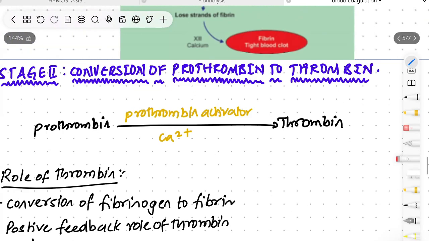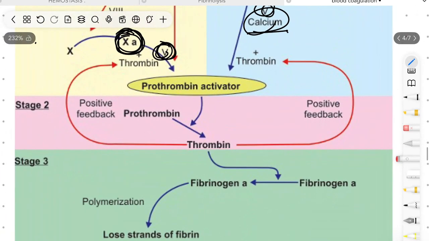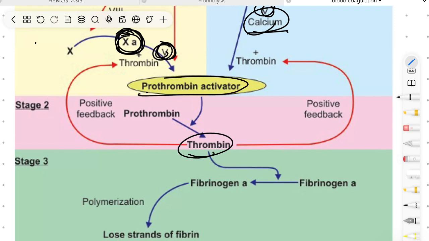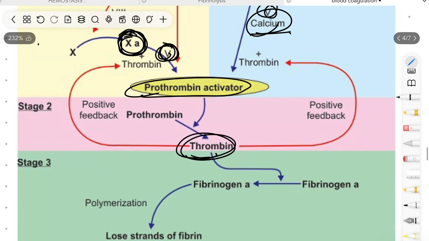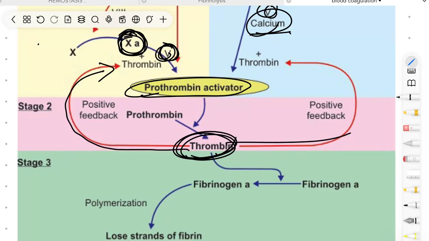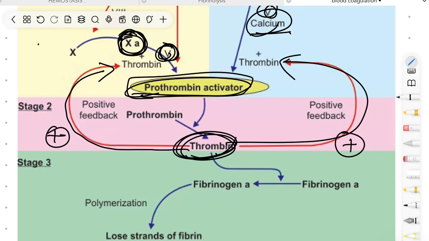Now what does the positive feedback role of thrombin signify? Now see, look here. Thrombin is formed with the help of prothrombin activator in stage 2. Now the formed thrombin sends positive feedback control. It has a positive feedback mechanism in the formation of prothrombin activator. That is, the formation of thrombin helps in the formation of prothrombin activator also.